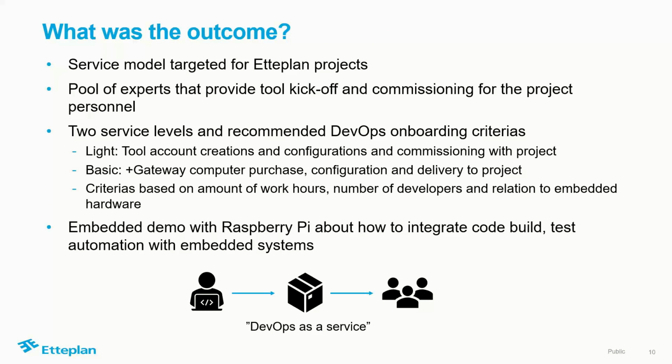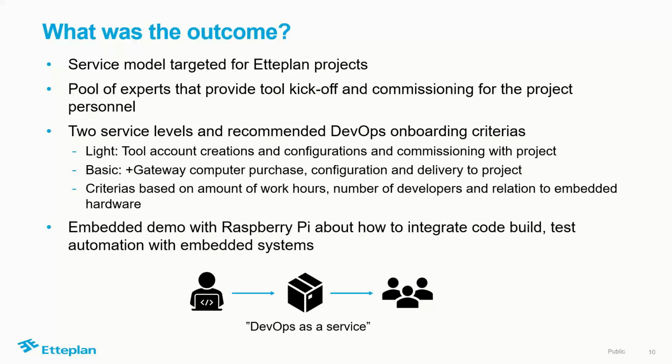Okay, so then what was the outcome? It's listed on this slide. First of all, we considered different models for how that could work. We ended up with a service model that would be run by our software testing business unit.